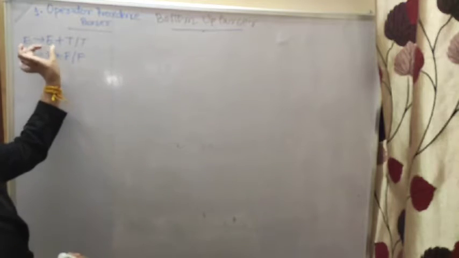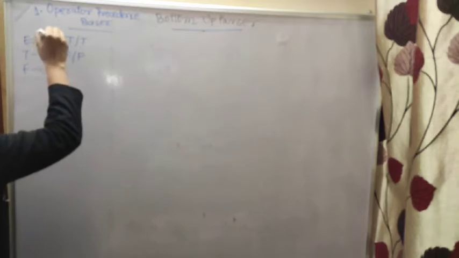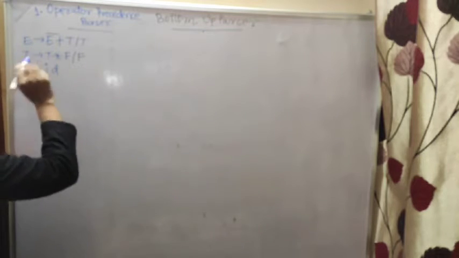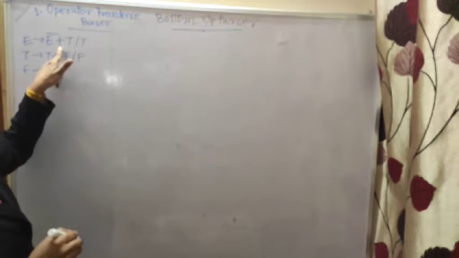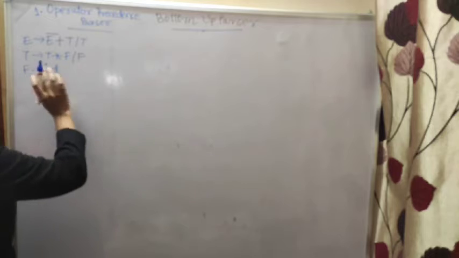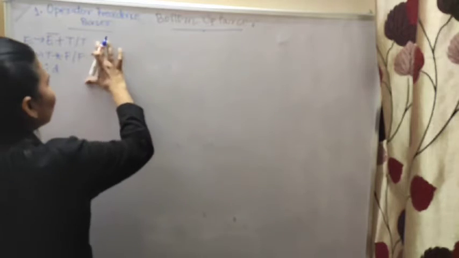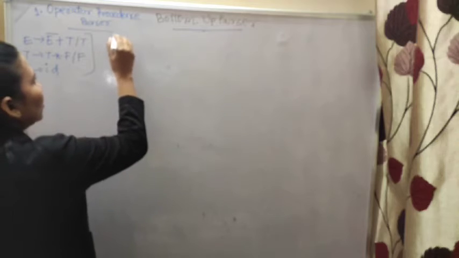Why? Because plus has been given inside. If you check E plus T, these two are adjacent variables, but one is non-terminal and another is terminal, so it is accepted. Okay, so now through these production rules we will make an operator relational table.